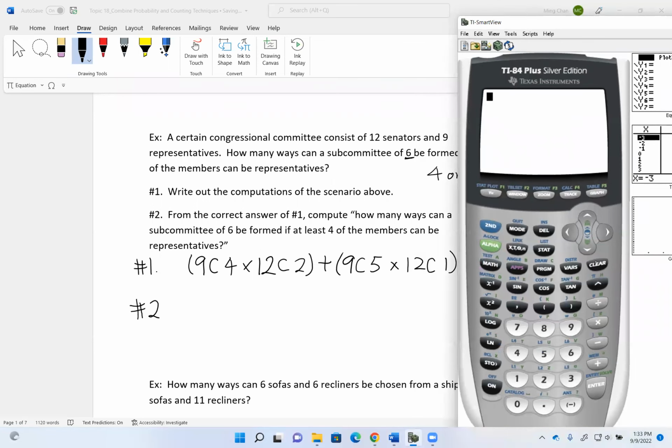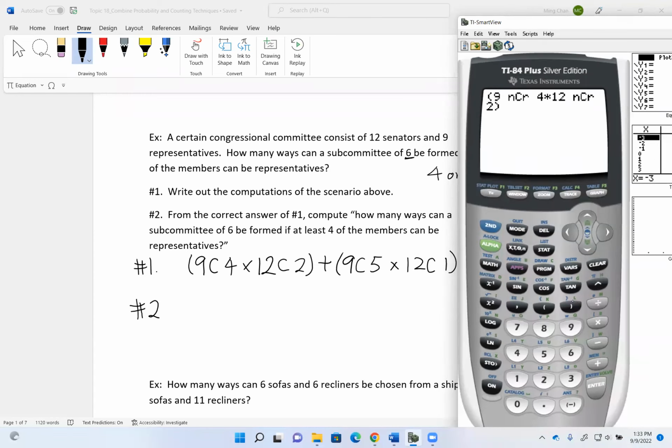Okay. So let's see, I'm gonna put each one in parentheses, okay? 9 choosing 4. That's how many ways to select representatives, followed by this, how many ways to do senators? 12 choosing 2.